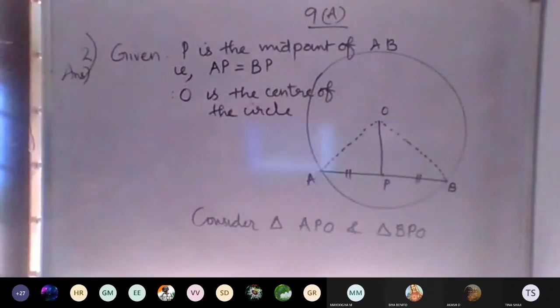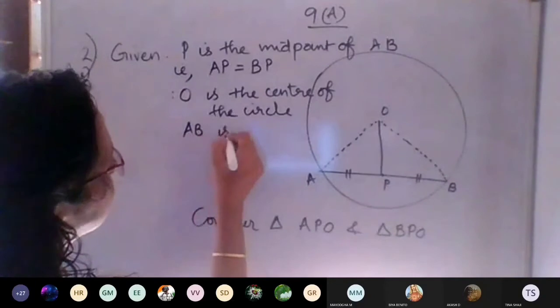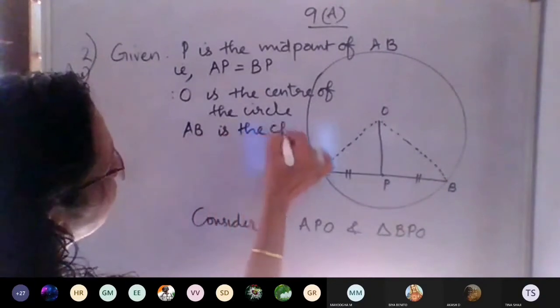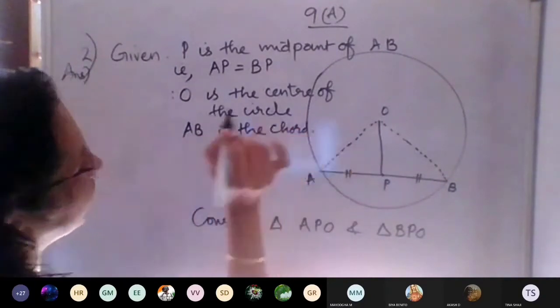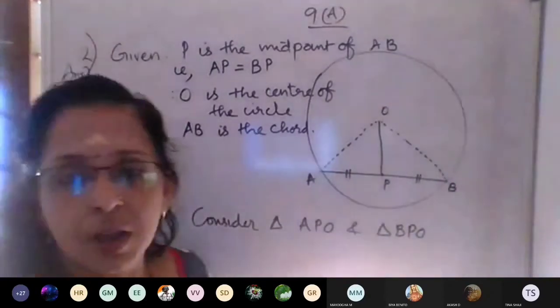It is given there. AB is the chord, that is also given. So these three points you should write there.